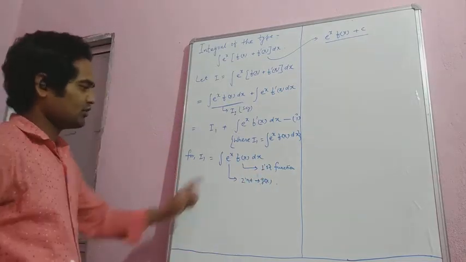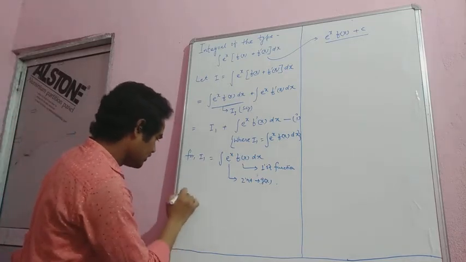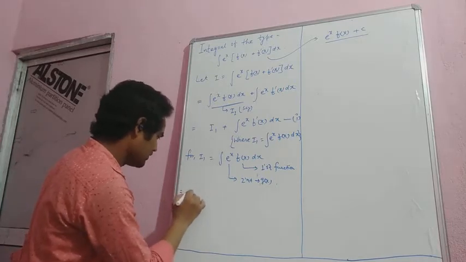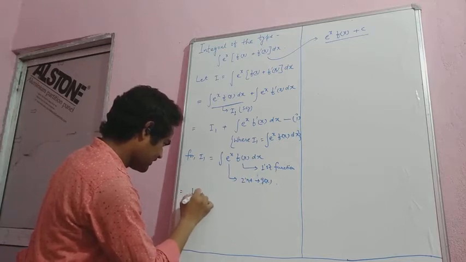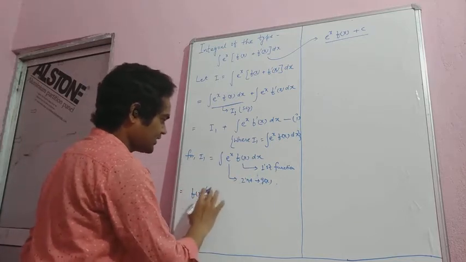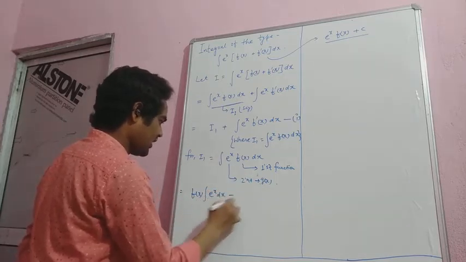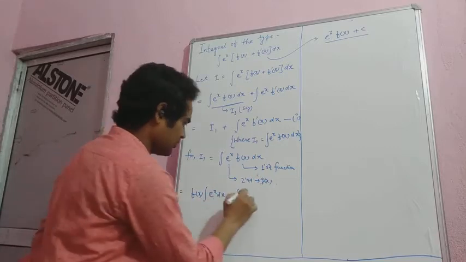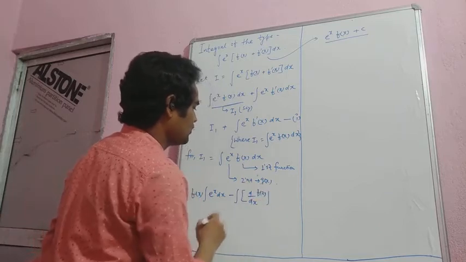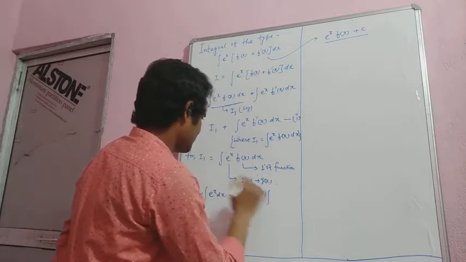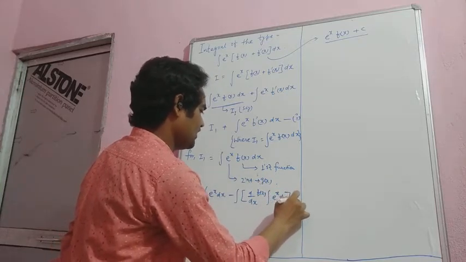Now using the by parts rule, we have I1 equal to f(x), the first function, into the integral of the second function, where g(x) is e to the power x dx, minus the integral of the derivative of the first function, d upon dx of f(x), into the integral of the second function, e to the power x dx, all dx.